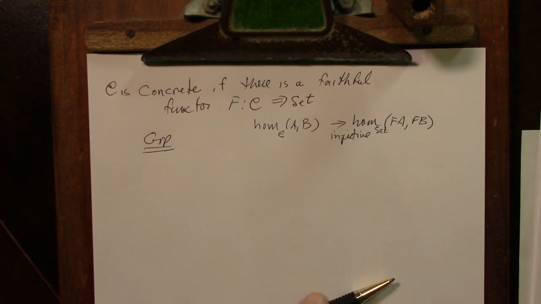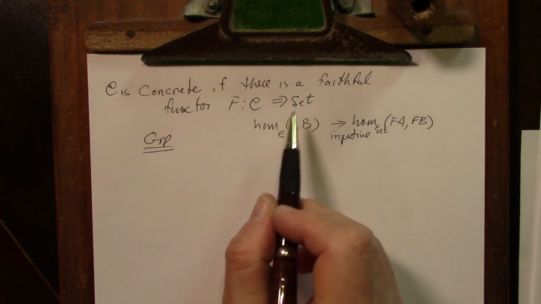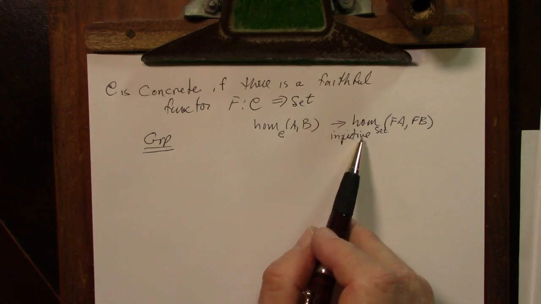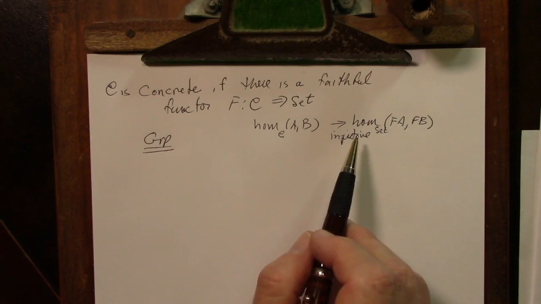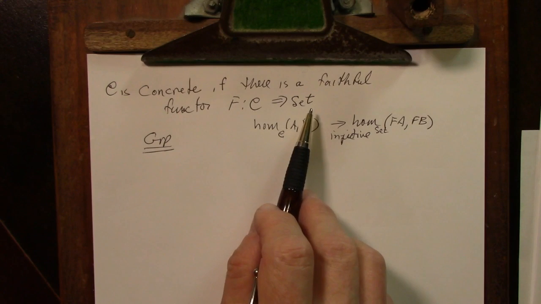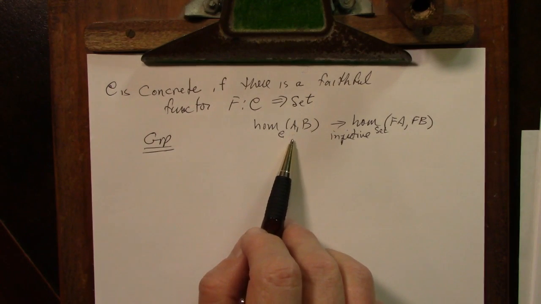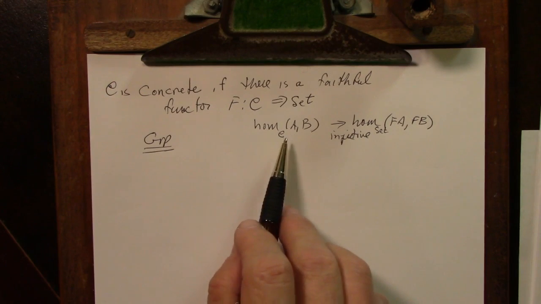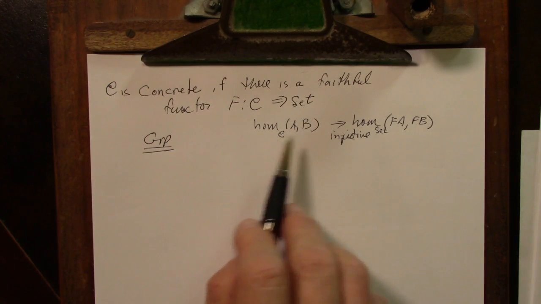This is different from the notion of a forgetful functor, where the local arrow parts don't need to be injective. So if we're forgetting structure, then two distinct group morphisms, for example, may be the same function. But here we are talking about a different concept.